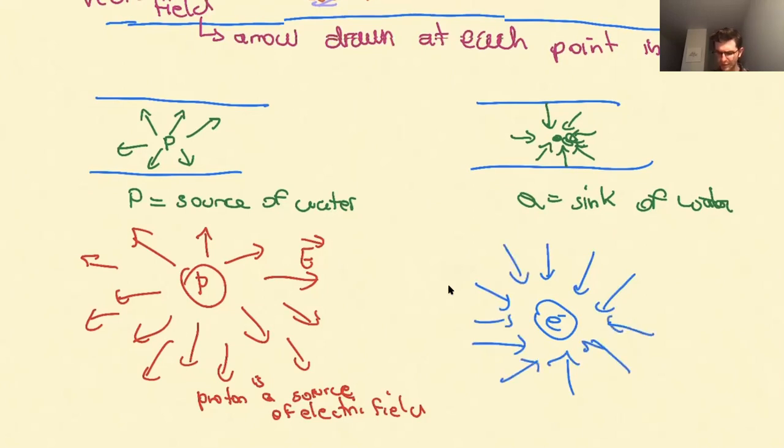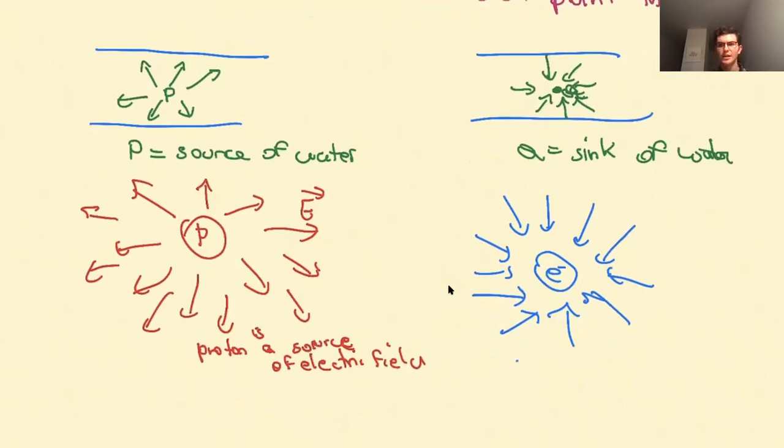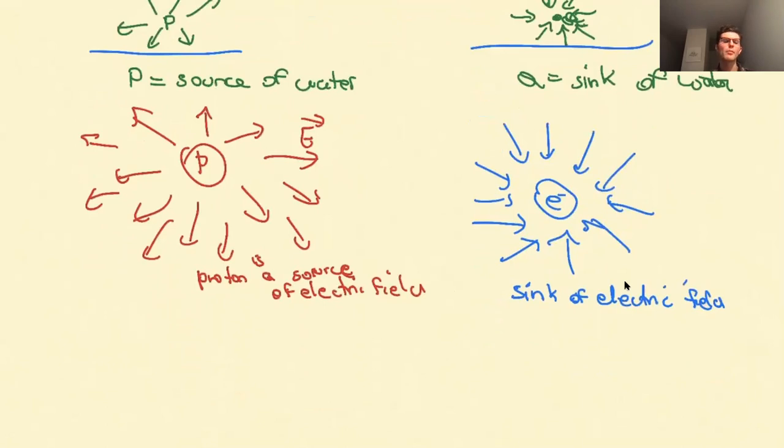If you have seen this, probably some of you have seen this, you will say that an electron is a sink of electric field. Okay, and there are more fun other things that can happen, but I may mention them as we go along. This is closer to the end of the course, but what this should tell you is that secretly you have been surrounded all this time by arrows, and I'm just giving you examples where you would come across them.